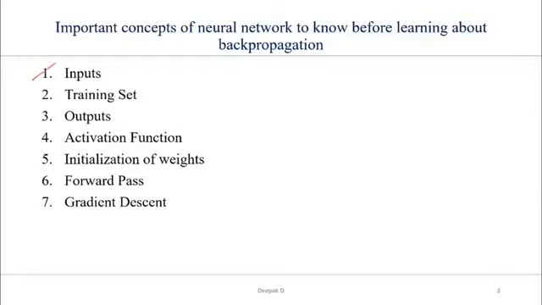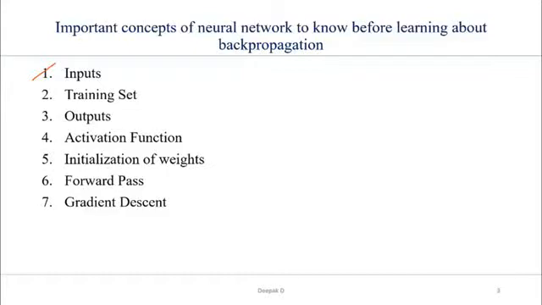Input is nothing but the source data which is fed into the neural network with the goal of making a decision or prediction about the data. Here the data is broken down into binary signals, which allows it to be processed by single neurons. So this is simple information about the input.